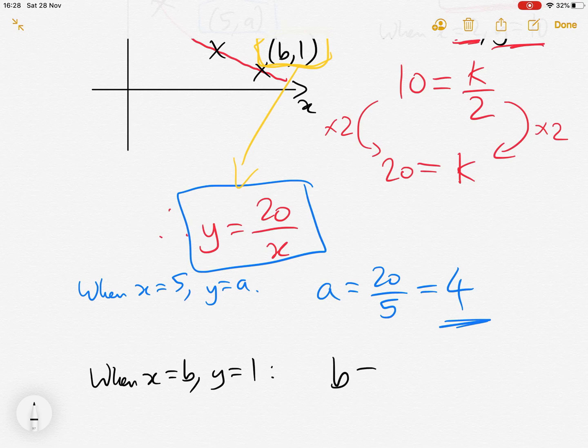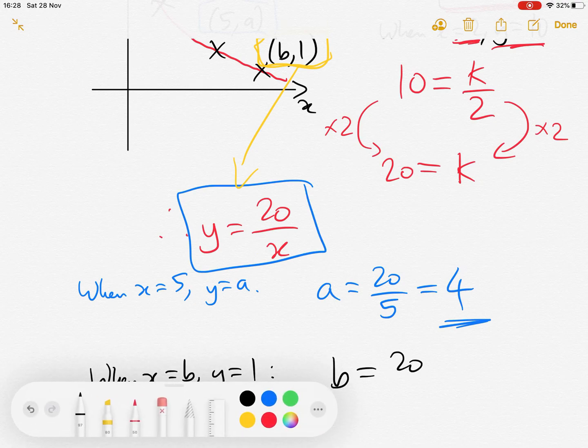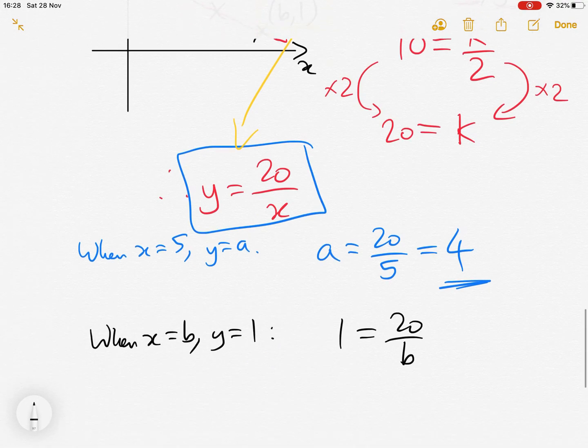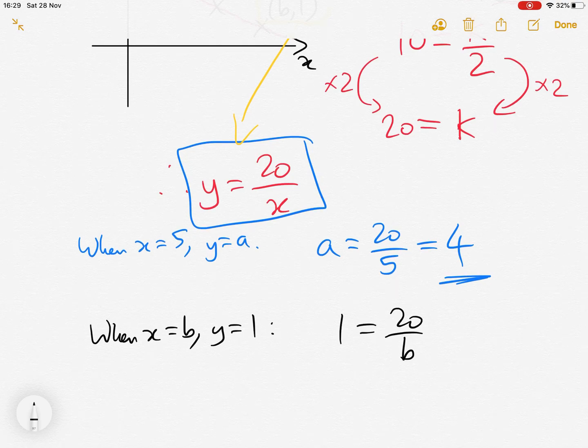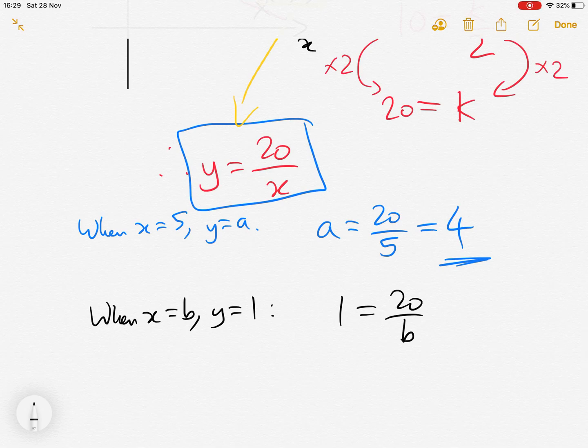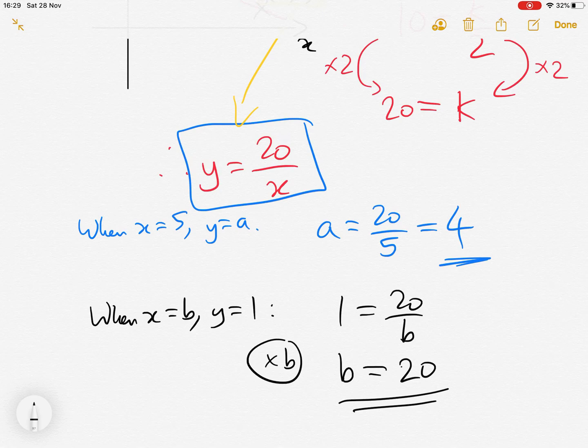So we get b, that's y, equals 20. 1 is y. 1 equals 20 over b. And then what does b need to be? Well, maybe you can see it's 20, but if you can't see that right away, then just times both sides by b. So on the left, we'll get b, and on the right, we'll just get 20. So b is 20. A is 4, b is 20.